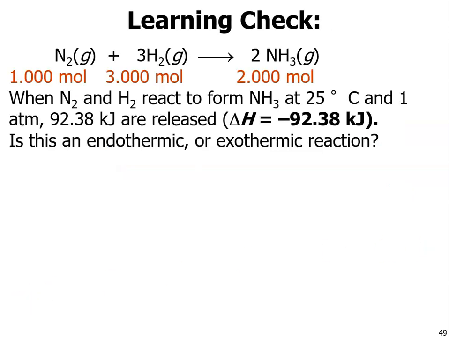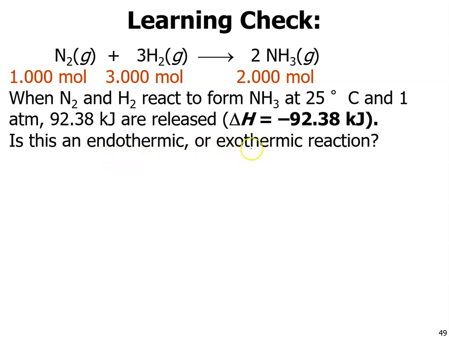Here's an example of a thermochemical word problem equation. When we're looking at reacting N2 and H2 to form ammonia at 25 degrees Celsius, 1 atmosphere, 92.38 kilojoules are released. So that delta H is a negative 92.38 kilojoules. Is this endothermic or exothermic?